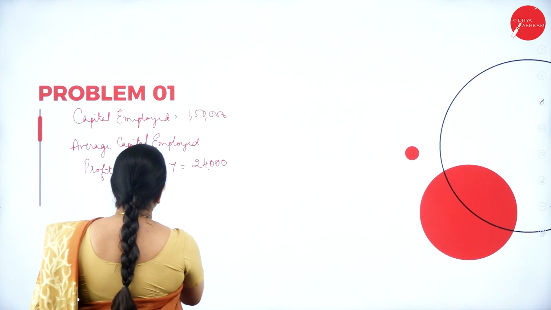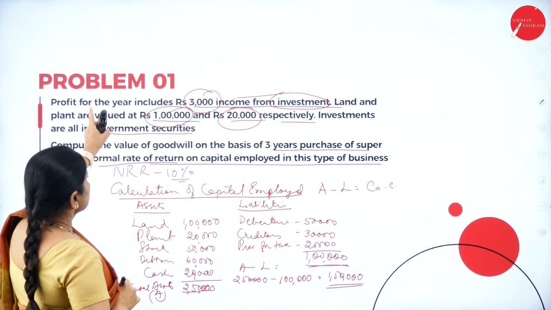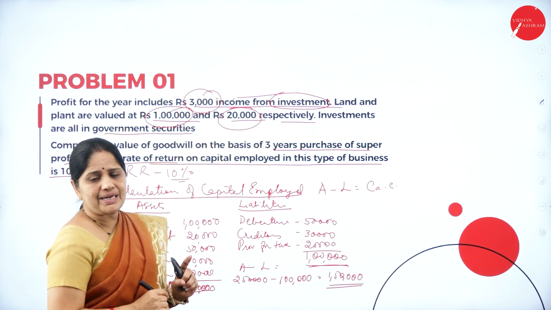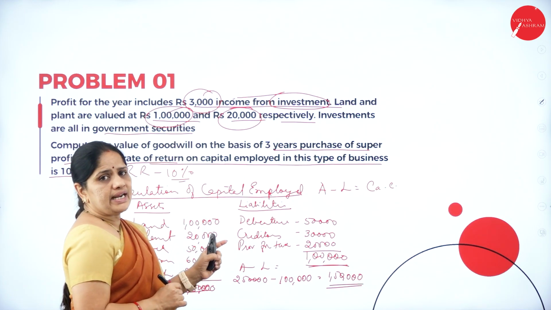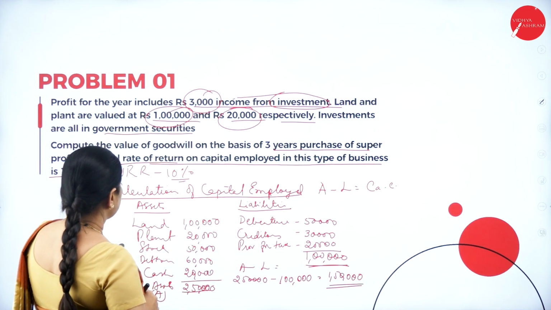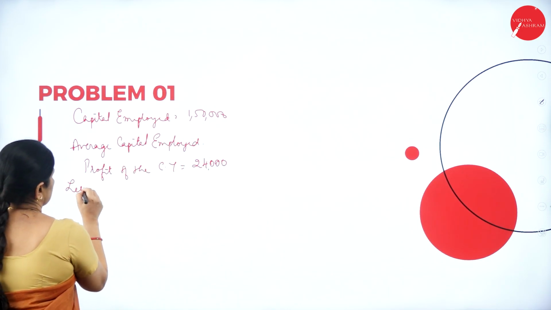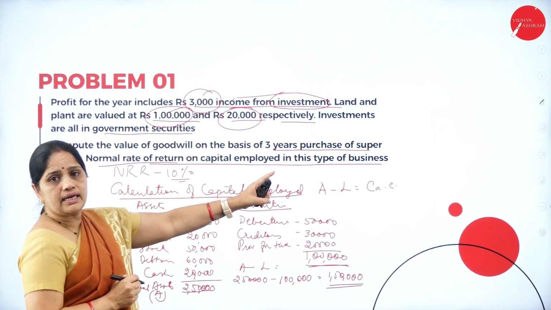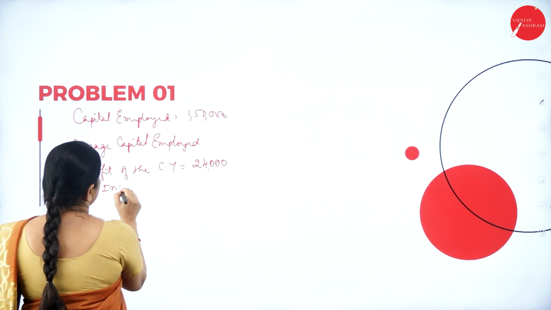So, we take the profit for the current year as 24,000. Then less, see there is an adjustment here. The profit for the year includes 3,000 income from investment. So, this 3,000 income from investment, I have to deduct from the current year's profit.